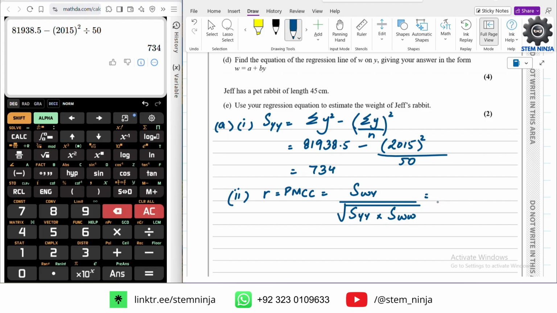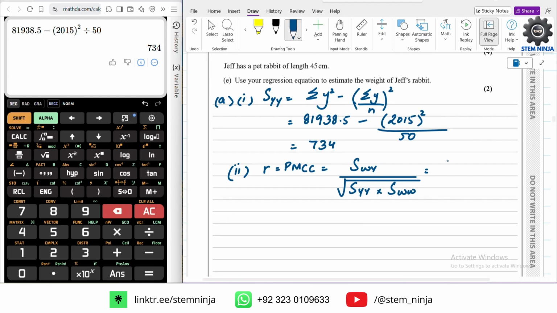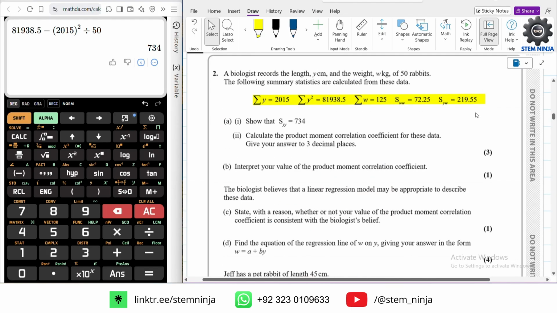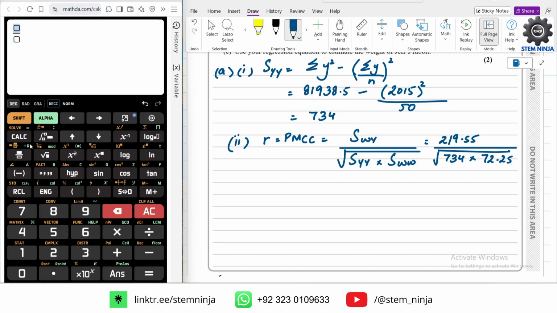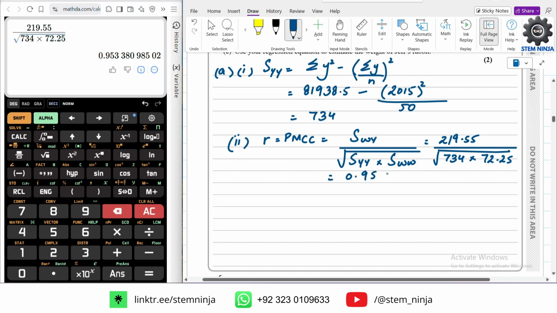So one of these we already calculated, but for the other two, 219.55 divided by SYY, we calculated it to be 734, and SWW 72.25. Right, and we need to just simply calculate 219.55 divided by the square root of 734 times 72.25. This is coming out to be 0.953.